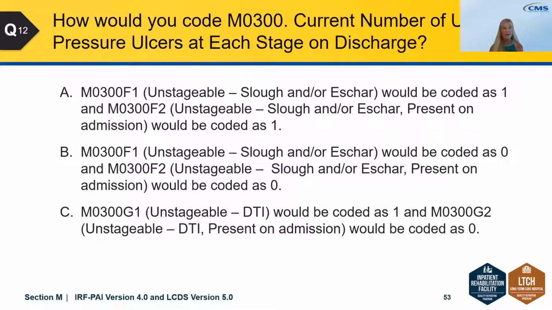Or B, MO300F1 unstageable due to slough or eschar is coded as a 0, and MO300F2 unstageable due to slough and/or eschar present on admission would be coded as 0. Or C, MO300G1 unstageable due to DTI is coded as a 1, and MO300G2 unstageable due to DTI present on admission coded as 0. So take your time and respond to this one.